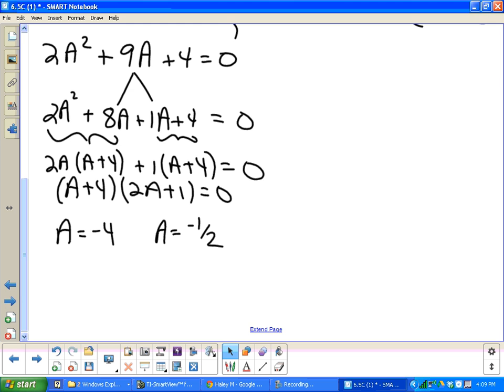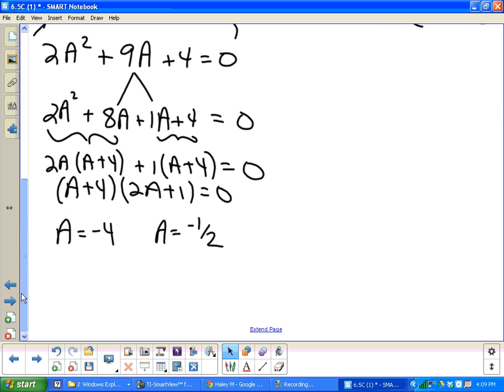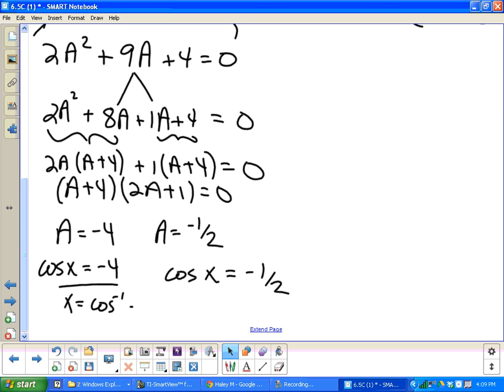Okay, now let's recall what a was. We used a substitution where a was equal to cosine x. So we'll get cosine x equals negative 4 and cosine x equals negative 1/2. Now the first one is not going to lead me anywhere, because I would do the inverse cosine of both sides, ending up with inverse cosine of negative 4.